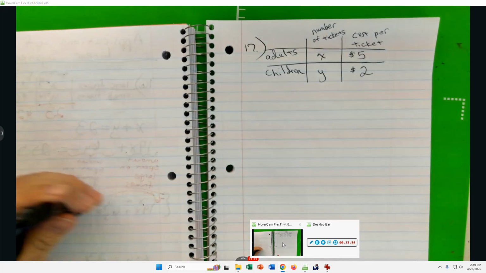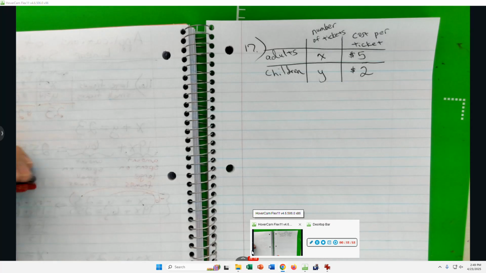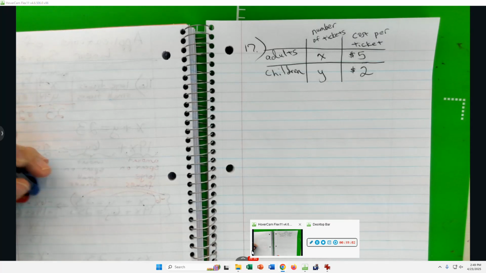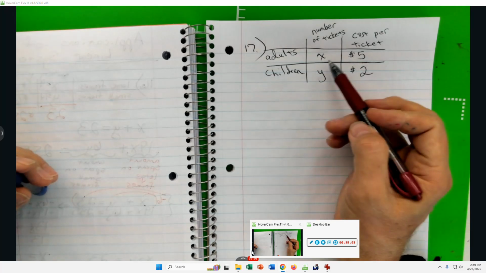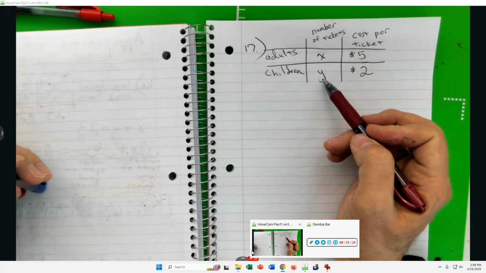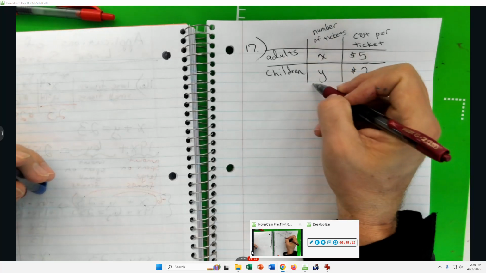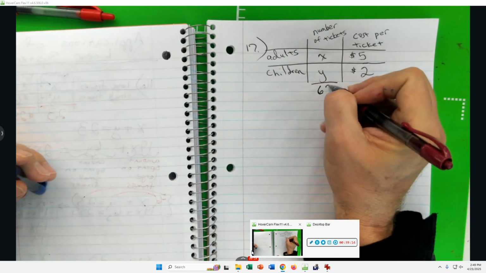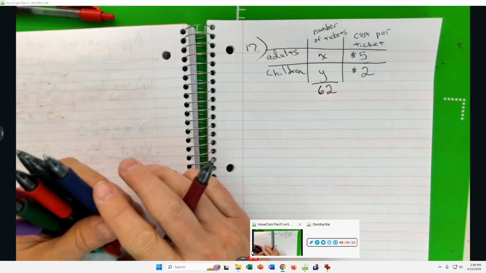Switch back to my paper. Where do y'all think I'm going to put that total of 62? Where will I put the total? Under the variables. You have X adult tickets plus Y children tickets. Total those up, add them up, and that should be 62 tickets.